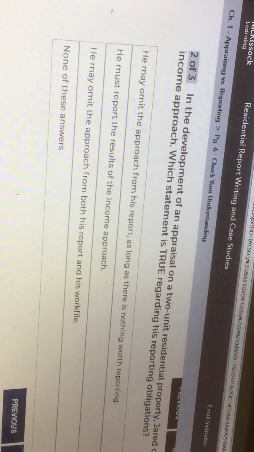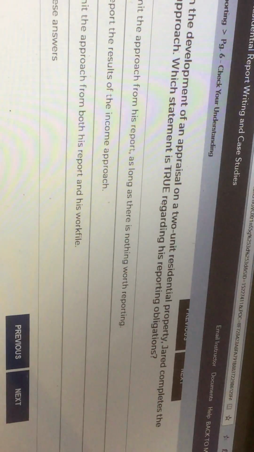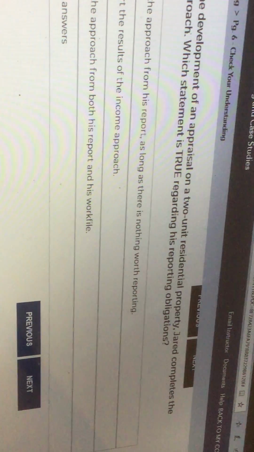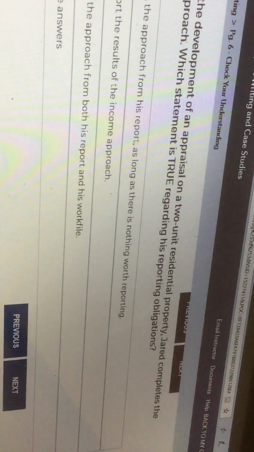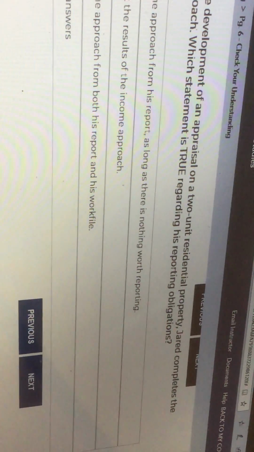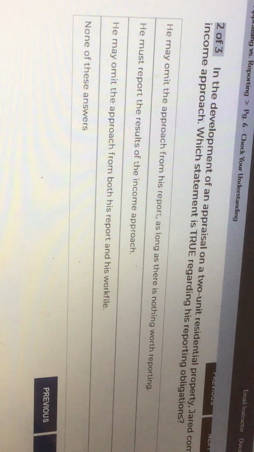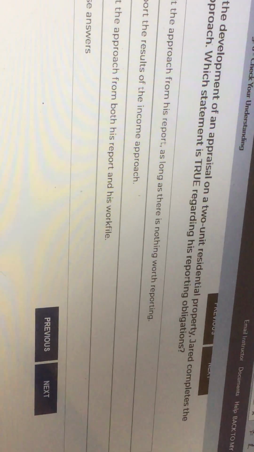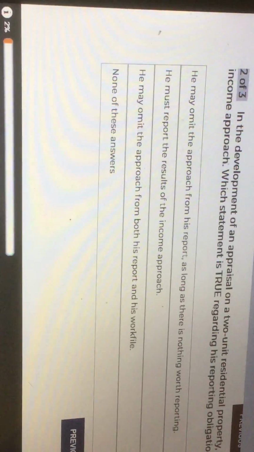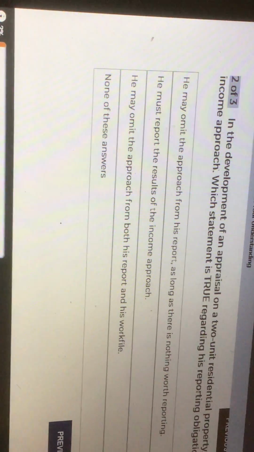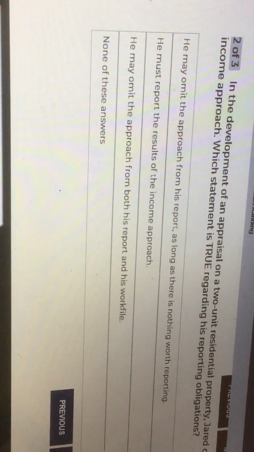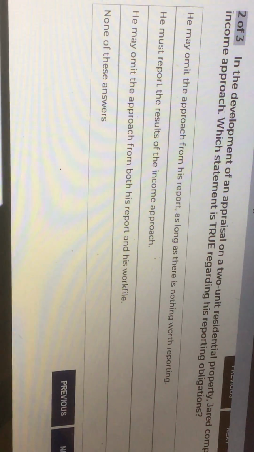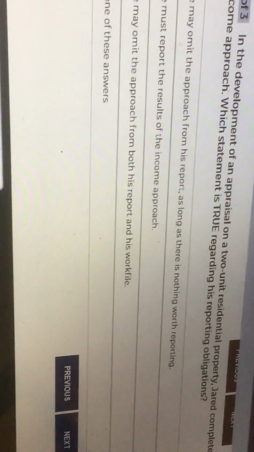Question 2 of 3. In the development of an appraisal on a 2-unit residential property, Jared completes the income approach. Which statement is true regarding his reporting obligations? He may omit the approach from his report as long as there is nothing worth reporting.